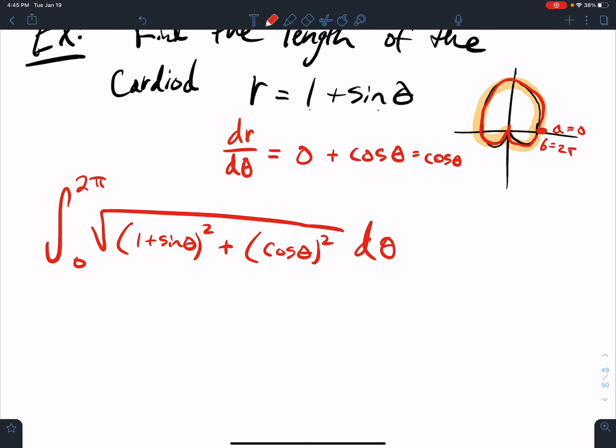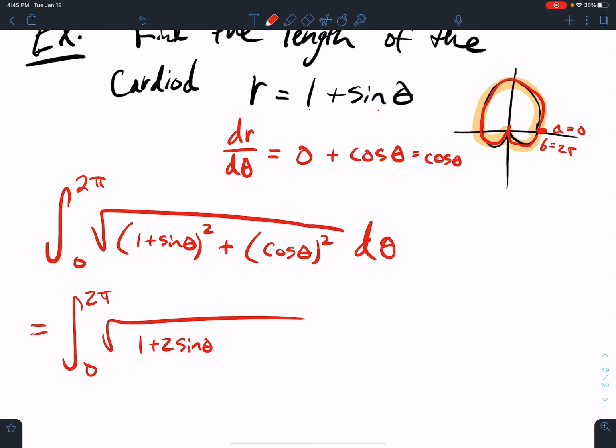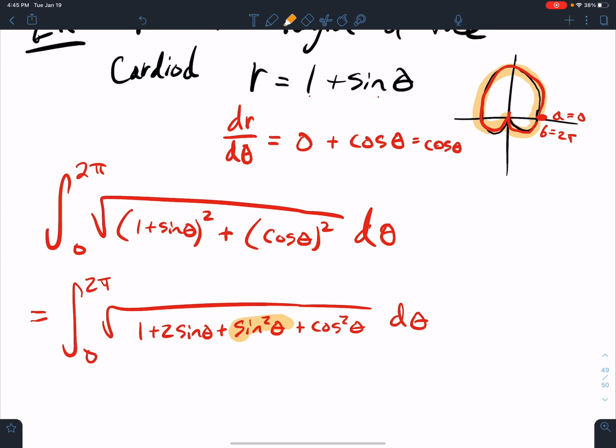If I do some algebra to simplify, or trig, I guess, this would be 1 plus 2 sine theta plus sine squared theta plus cosine squared theta, d theta. What do you know about sine squared theta and cosine squared theta?